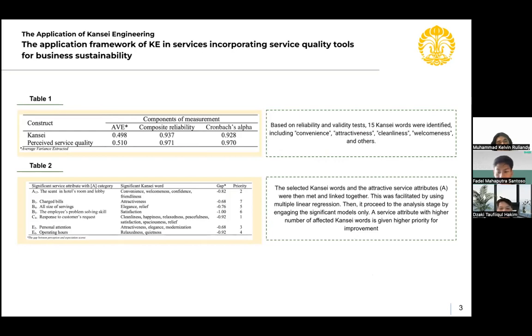In table 1, we can see 15 Kansei words were identified, including convenience, attractiveness, cleanliness, welcomeness, etc. As for table 2, a service attribute with a higher number of affected Kansei words is given higher priority for improvement. Next.